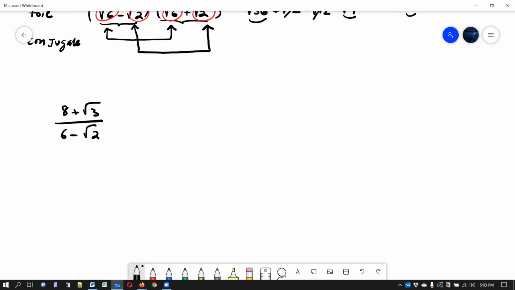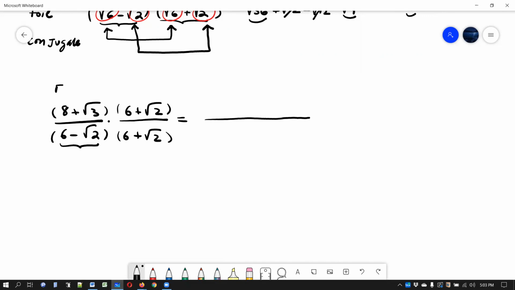Again, division problem, I'm going to use the conjugate, and it's the conjugate of the denominator, not the numerator. So 6 plus radical 2. Whatever is written here, you're going to write it the same way, but with the opposite sign in the middle. So minus, this becomes plus. Make sure you put parentheses all around.